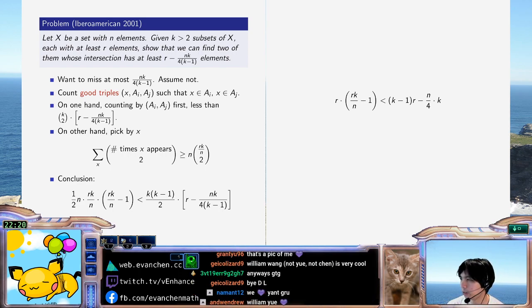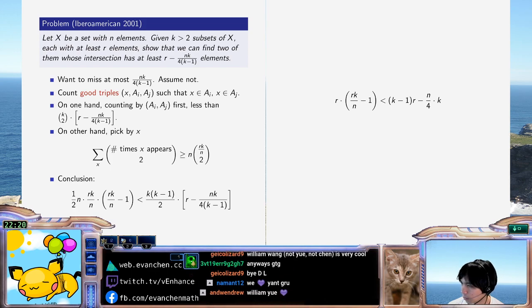R, K, and N are all counting number of elements, and these don't look the same. It should be degree 3 on both sides, right? So why did I drop K, N, R, R, R, okay. So left-hand side is degree 2 now, right? Oh, actually no, the dimensions are okay.